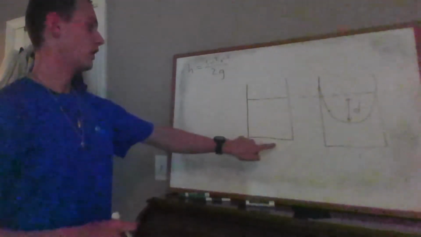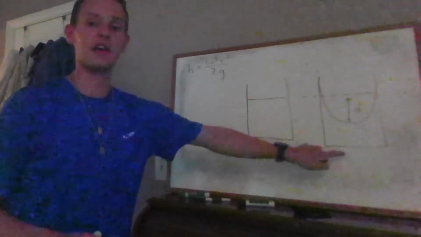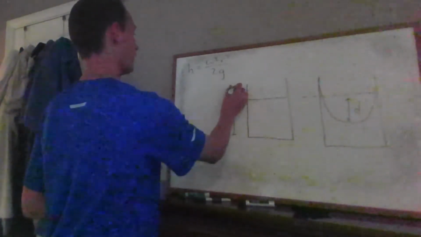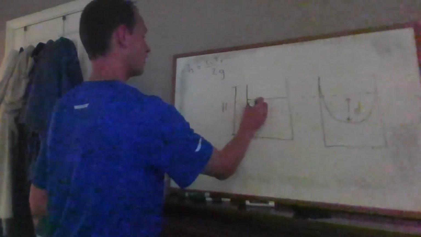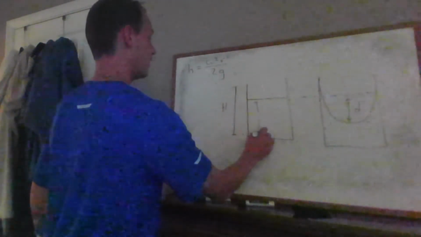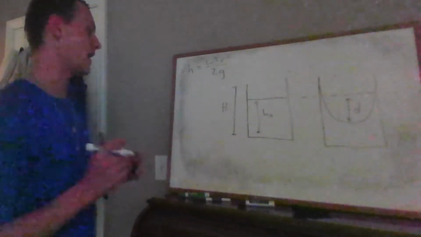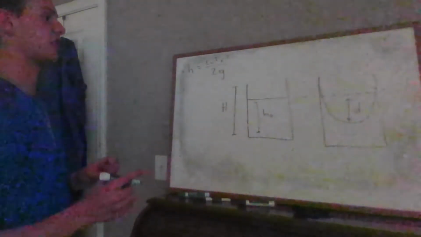So I've drawn our initial and final situations here. We can add some other relevant variables here, like our large h. This is our initial fluid level, h naught. And here, we just have to make a very important observation, right?